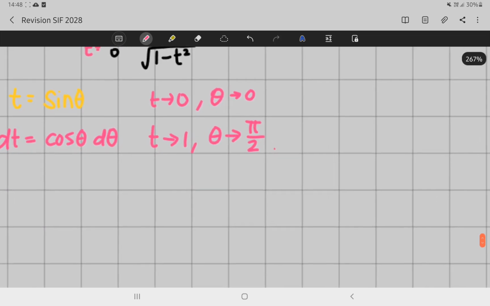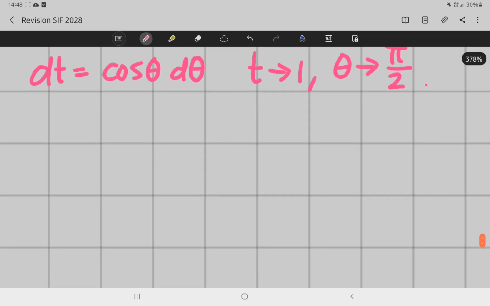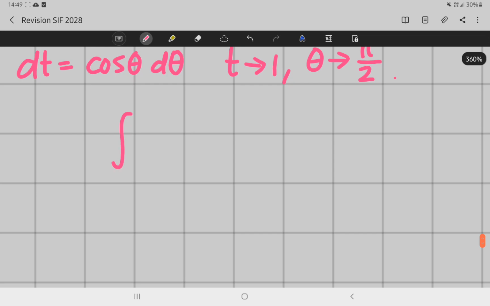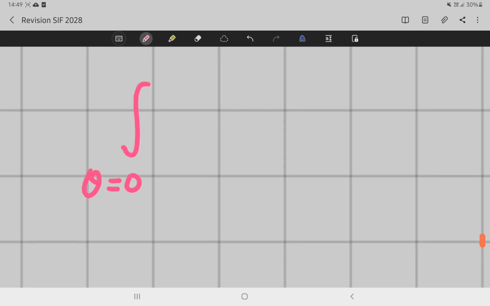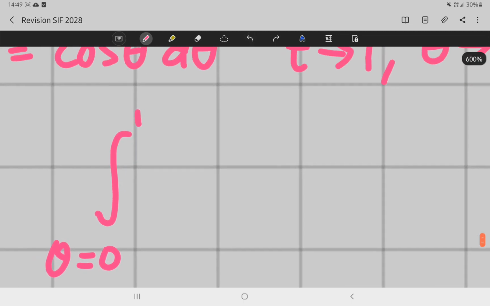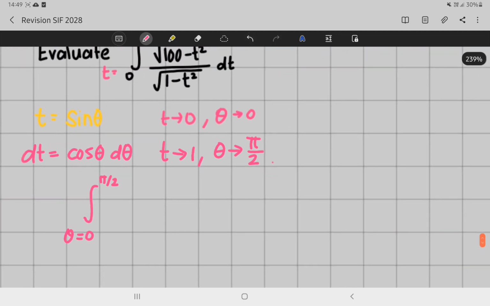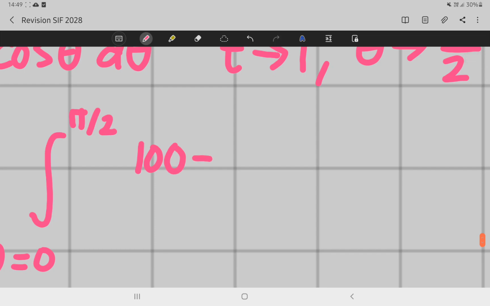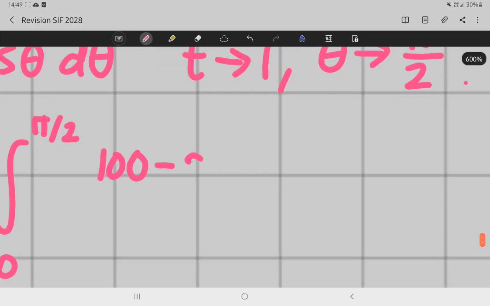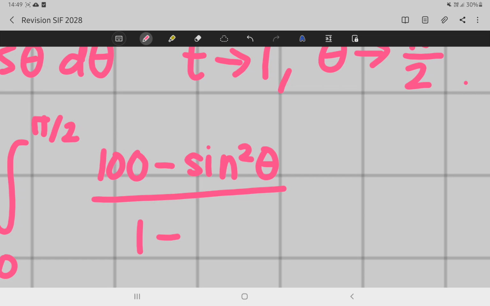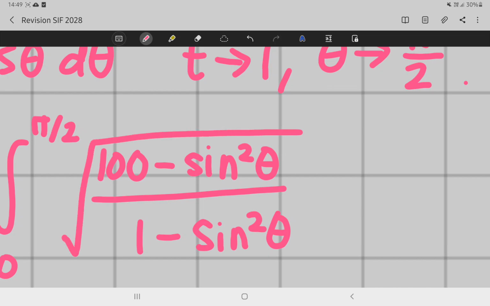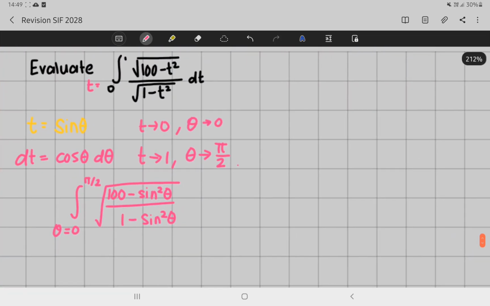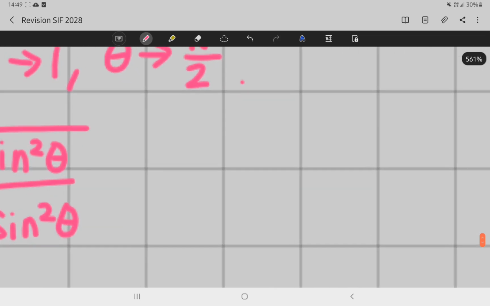Hence we can transform our integral to be the integration over theta from 0 to pi over 2 of square root of 100 minus t square, where t is sine theta, so sine square theta, all divided by 1 minus t square, which is 1 minus sine square theta, all square root, times dt, which is cosine theta d theta.